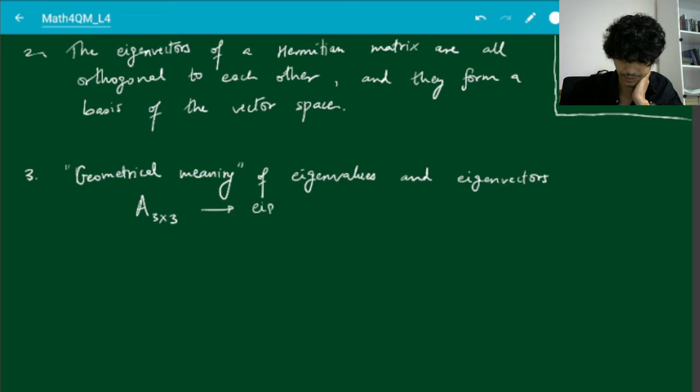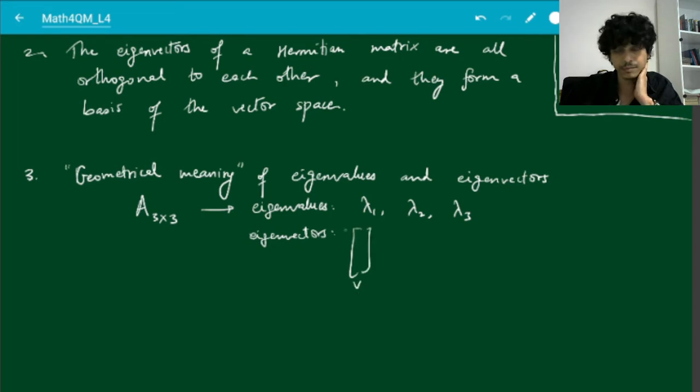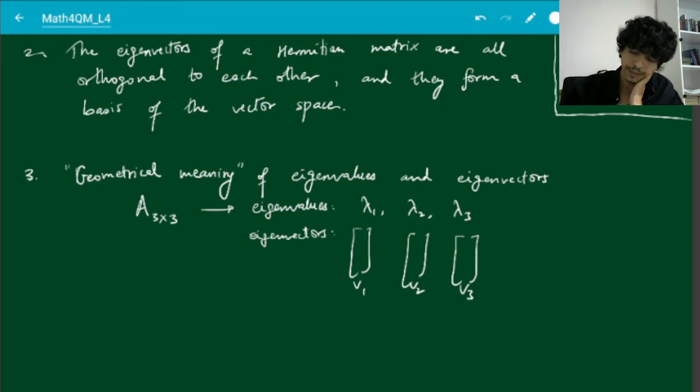So let's say its eigenvalues, you found them to be lambda 1, lambda 2, lambda 3, and you found the corresponding eigenvectors to be some column vectors with 3 entries, v1, v2 and v3. What you can do is you can take these 3 eigenvectors together.